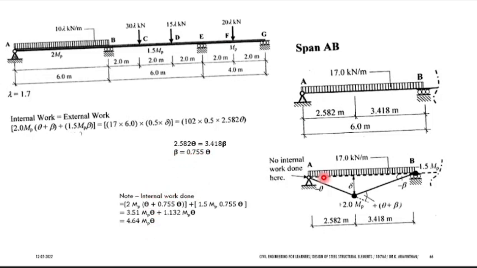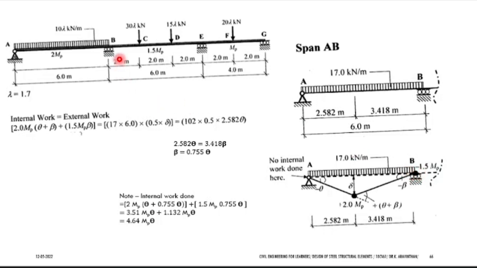Internal work done. This is MP, which will be 2 MP. You have to take that theta, it is taken here, and beta is already found here as 0.755. Add this plus this is 1.5 MP. How does this become 1.5 MP?